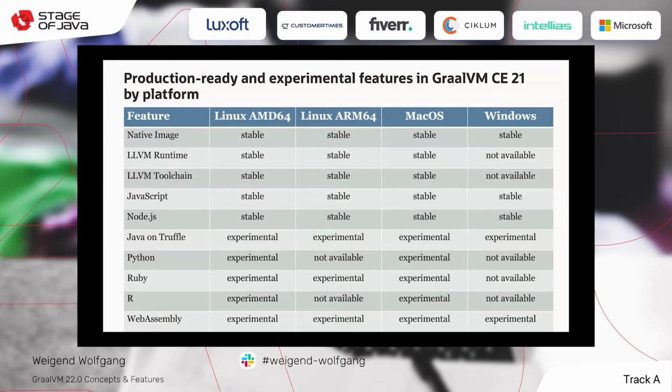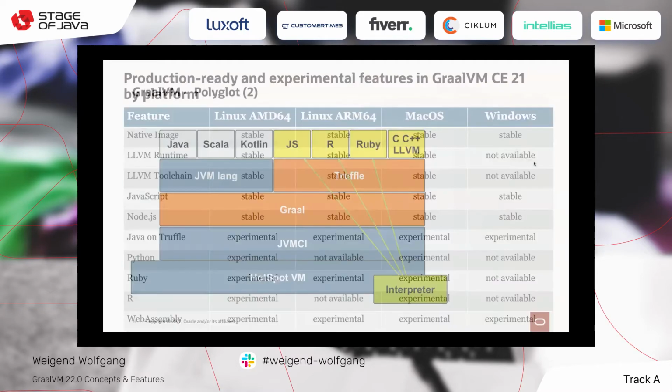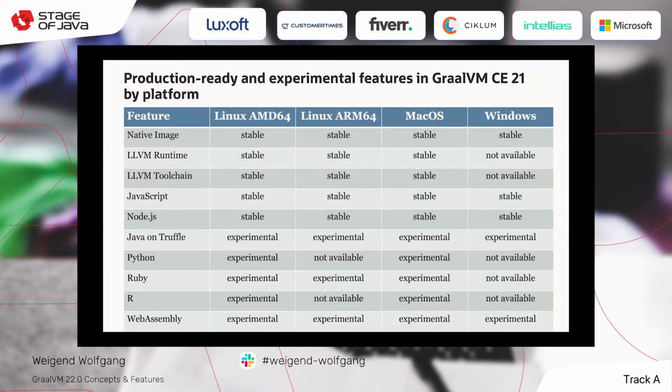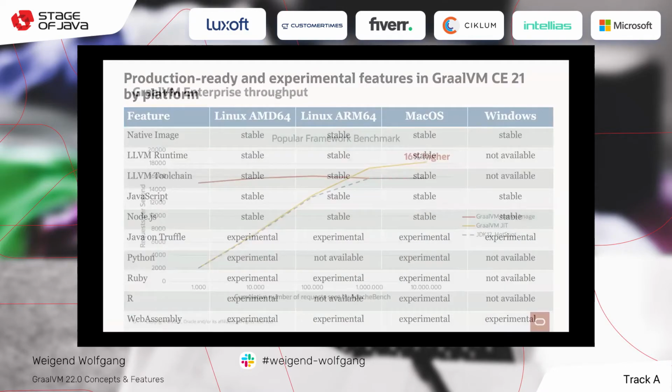But as well, Windows under these conditions shows what is supported, not available, or experimental. Python is even not available on a Windows machine, so stay away from this. If you want to go for Python, which is experimental, you should go with macOS or Linux.